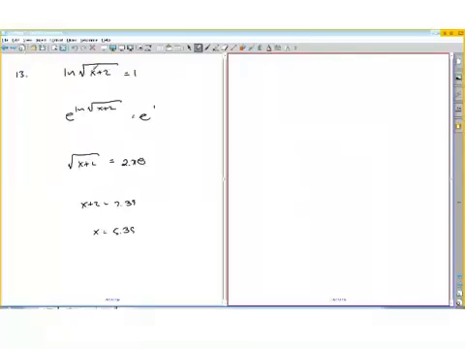The other way of doing this would be you could use the property of the logarithms to take this expression, which we can write in exponential form this way. You take that outside, so you have 1/2 the natural log of x plus 2 is equal to 1. Multiply both sides by 2, so you get the natural log of x plus 2 is equal to 2.